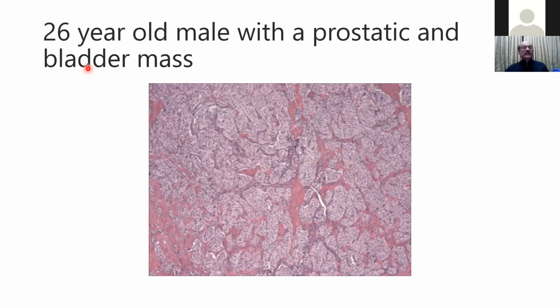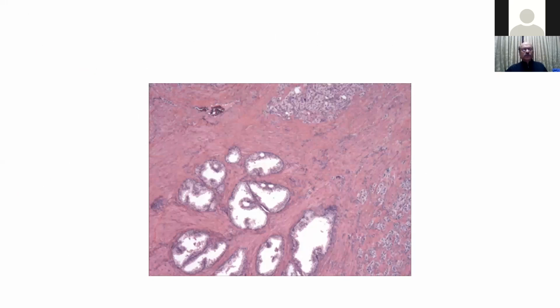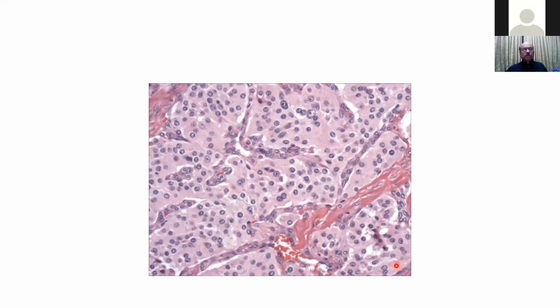This one is a 26-year-old male with a prostatic and bladder mass. Here is the normal prostatic tissue, but here is the tumor. Here are also the tumors. The tumor cells are to some extent monotonous.